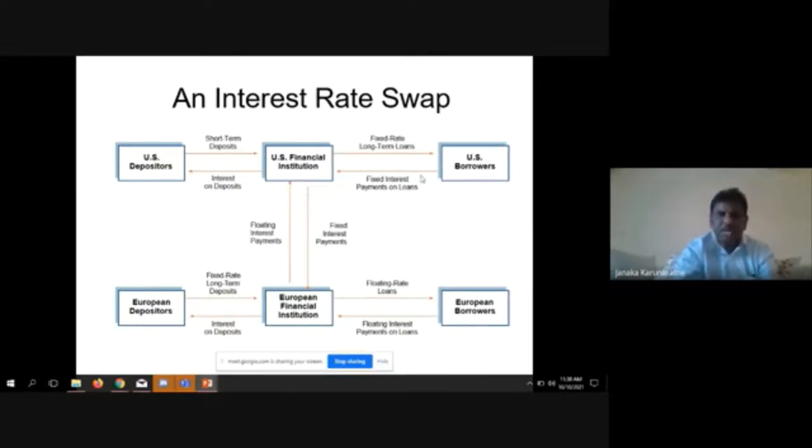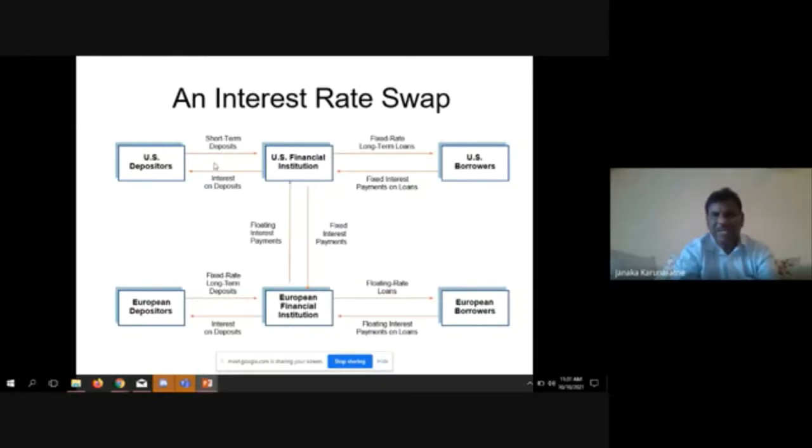So what you can do is enter into a swap. The US financial institution receives a fixed rate coupon from the loan. So it can say, I'll give my fixed rate loan interest payment to you. You give me floating rate, because if I get floating rate, I am fine.